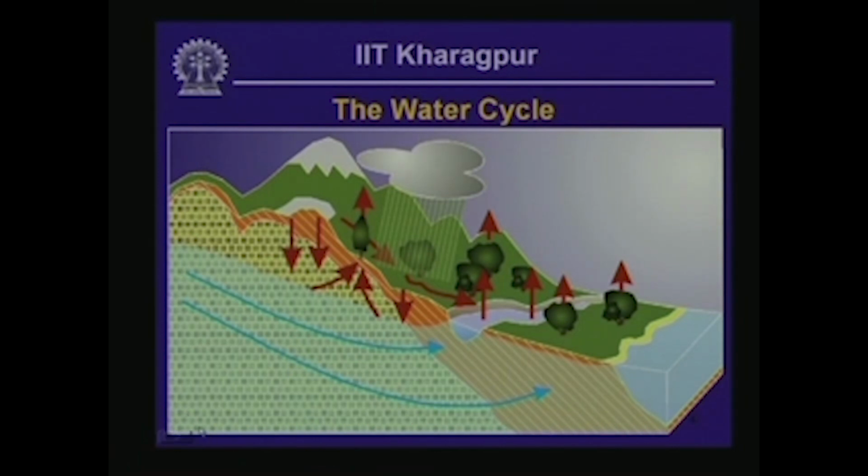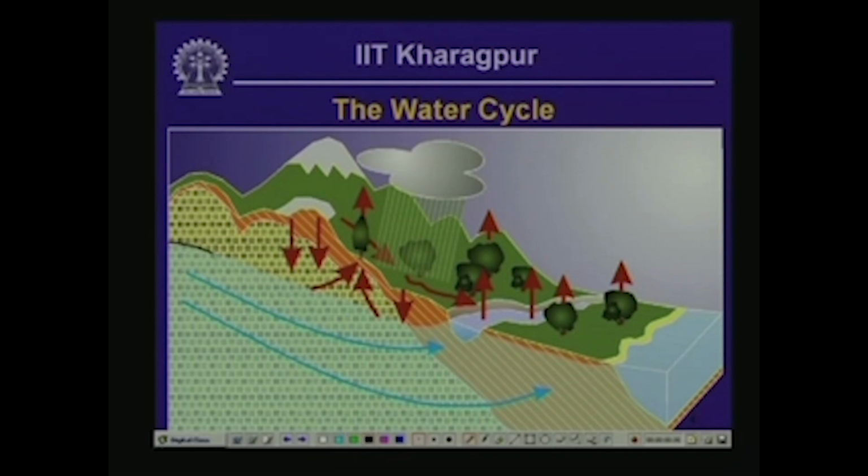In this particular sketch, this one here is the water table, and here we have got a water body, we have got a water body here, and this one is another water body, as we have already stated, because at these locations the water table daylights, or cuts through the surface topography.